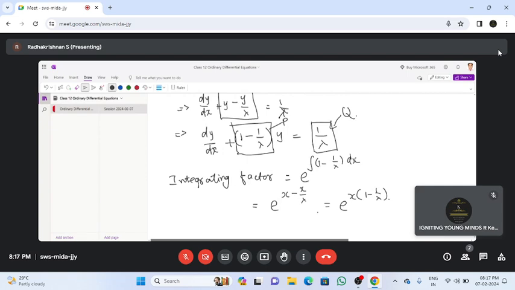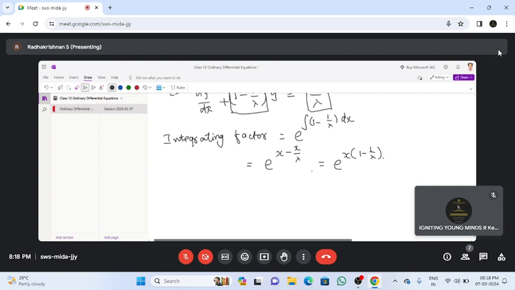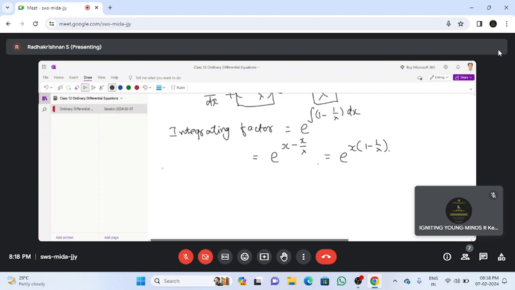Integrating factor is e to the power of integral p dx. Okay. Next problem.